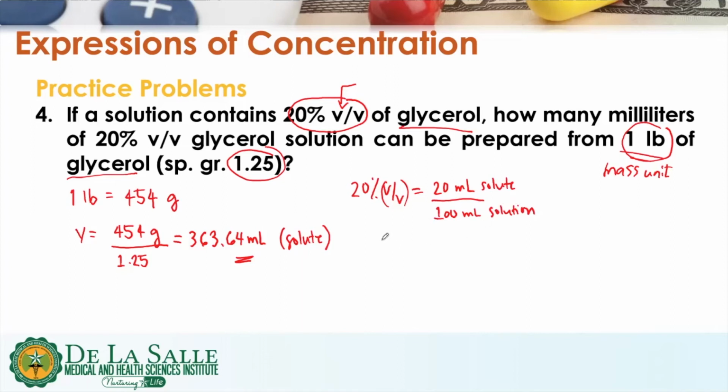Now, we know that we have an available amount of glycerol that is equivalent to 363.64 milliliters. Now, we need to prepare 20% of the solution containing 20 milliliters of the solute for every 100 milliliters of the solution.